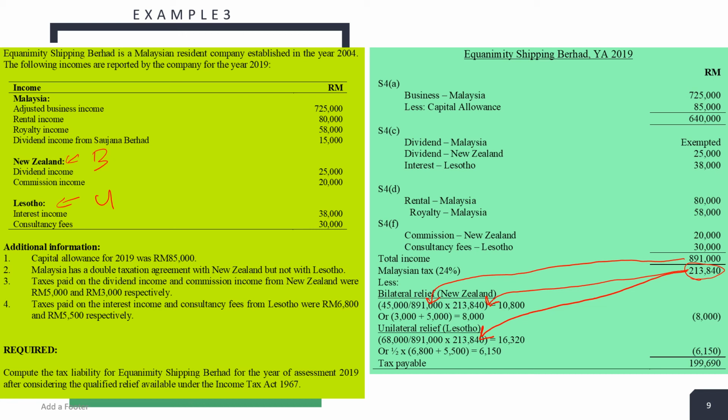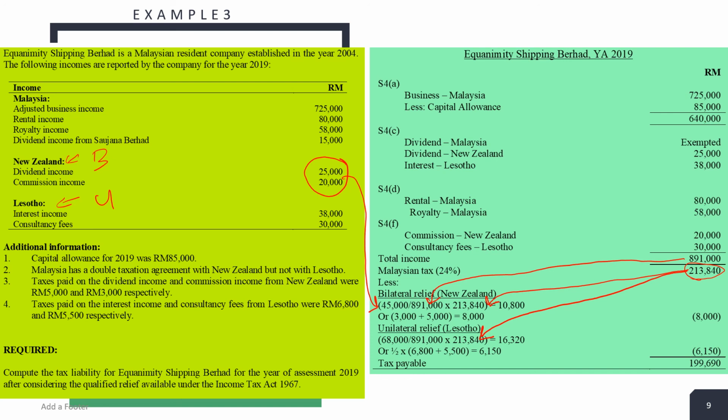But in this case, since there is no information related to expenses or whatsoever, this is also the SI. 45,000 divided by total income 891,000 times the total tax 213,840, then you get the Malaysian tax on that foreign income. Compare with whatever tax paid in that country, which in this case is 8,000. So take the lower, which is 8,000, as the relief.